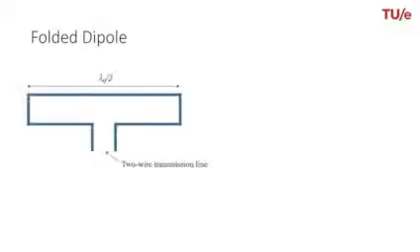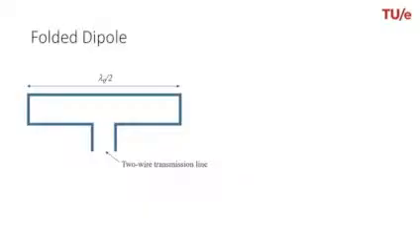Now, another type of wire antenna is the folded dipole. It's also quite popular. It's shown here. So it's again half wavelength, but now oriented in this case along the horizontal axis, but of course you can also use it along a vertical axis.